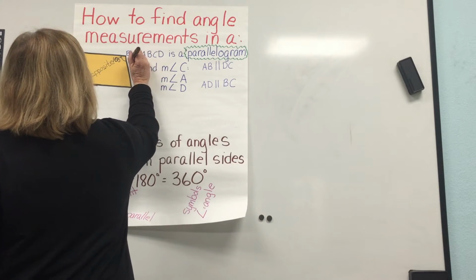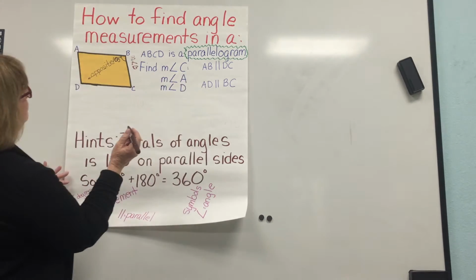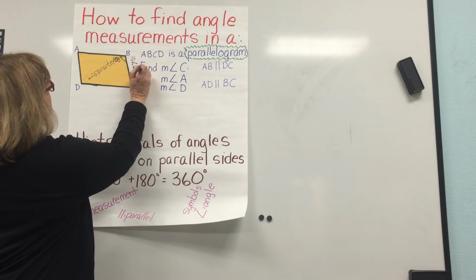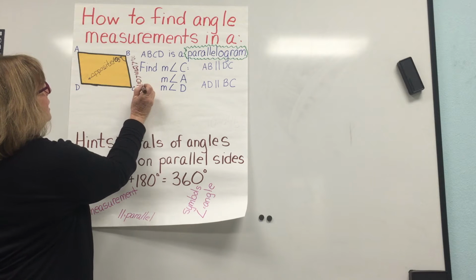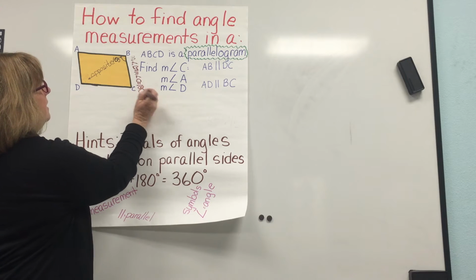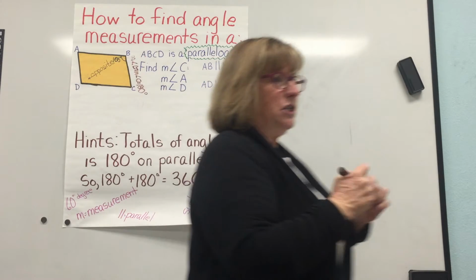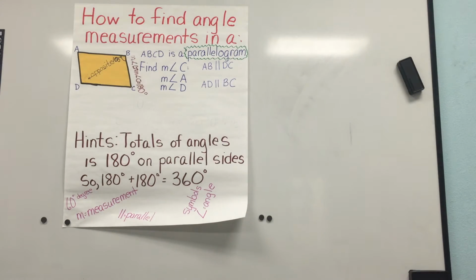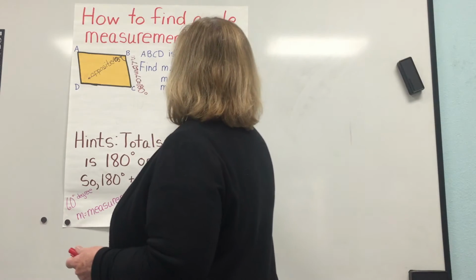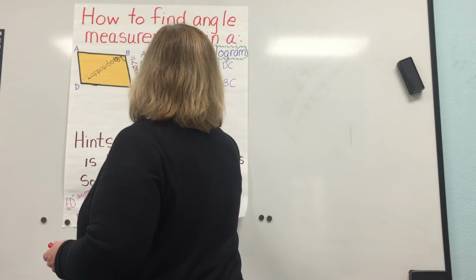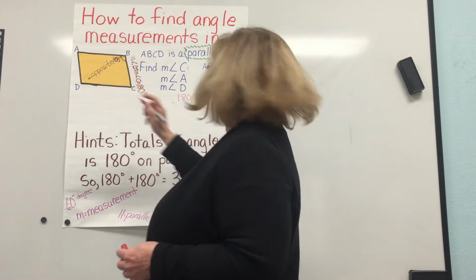The measurement of angle B plus the measurement of angle C have to equal 180 degrees. Okay? So what would I do to calculate what that particular measurement is? Okay? So I'm just going to take 180 minus what? 105.